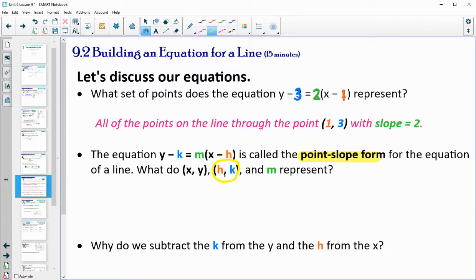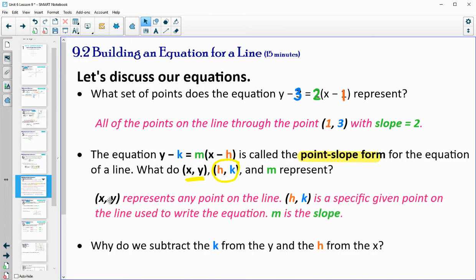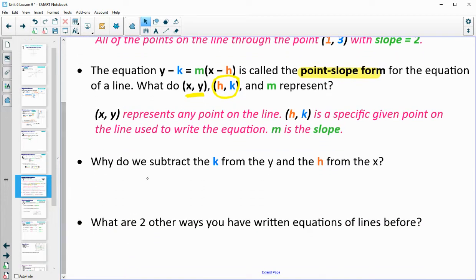This is given to us. (x, y) is just any other point, and m is our slope. So (x, y) is any point that's on the line, (h, k) is the one that we know or we're given, and m is the slope of the line.